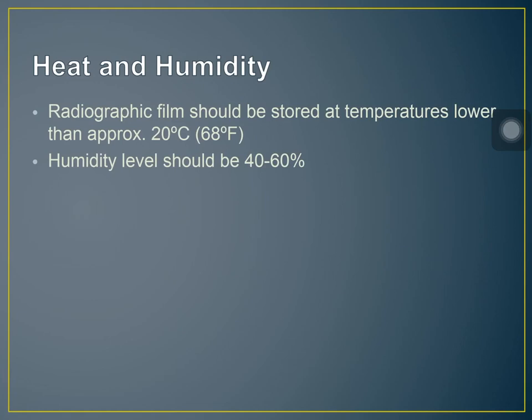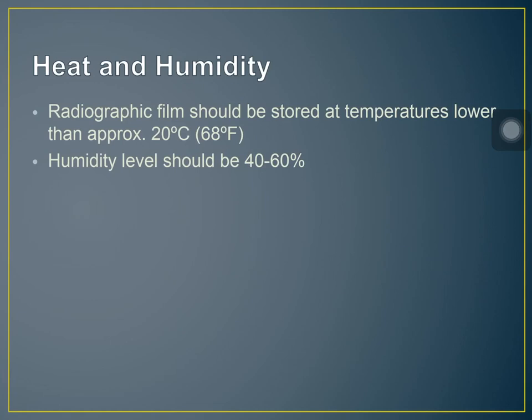Kaya nga tayo may mga ventilation sa ating processing room para makacirculate ng ayos yung air inside. Mabawasan yung init. Because every time we process using the processing chemicals, nagpo-produce siya ng heat. Mainit. Umiinit yung processing chemicals. And that heat can have an effect on our film.